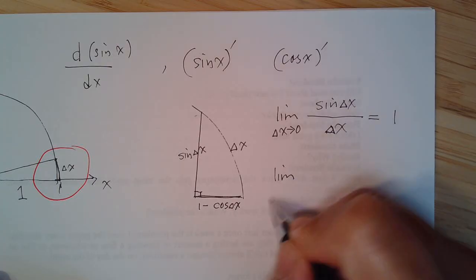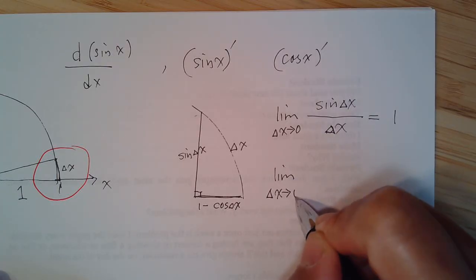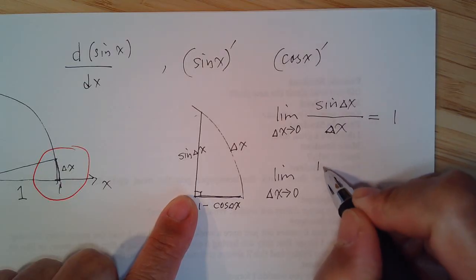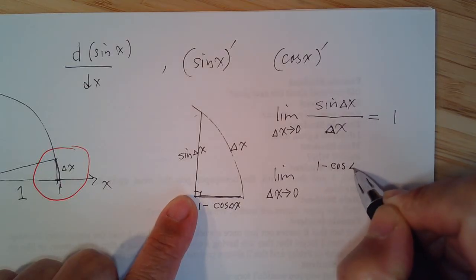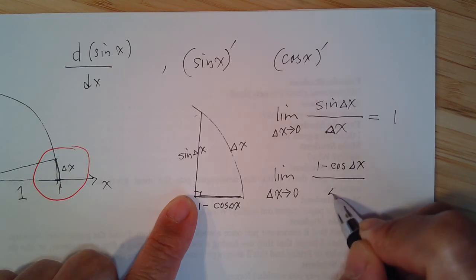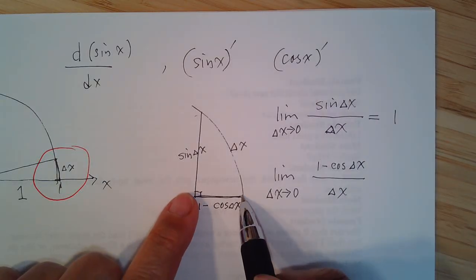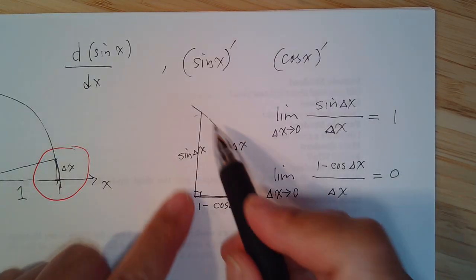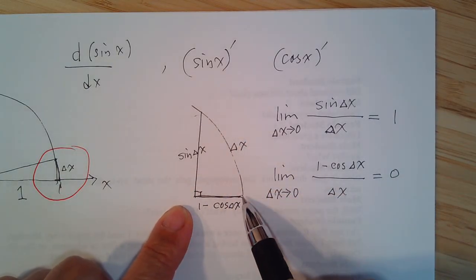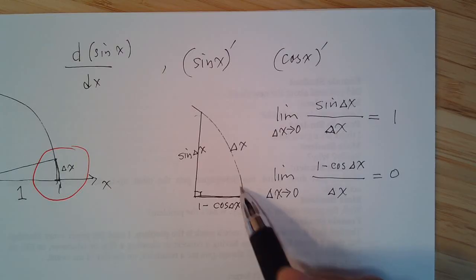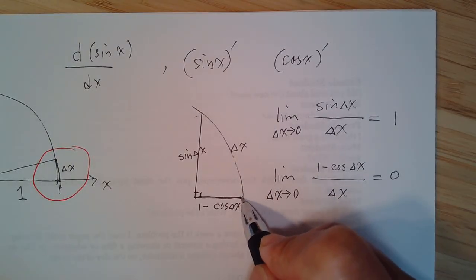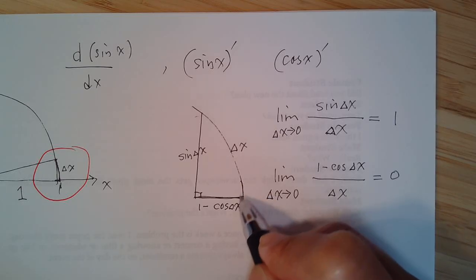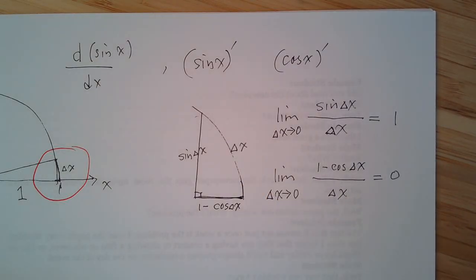And also when delta x approaches 0, 1 minus cosine delta x over delta x approaches 0, because when you shrink, you move this point all the way down to this point. So you keep going down, this little piece approaches 0, and the ratio between this part and this part is getting close to 0. That's what we did earlier.